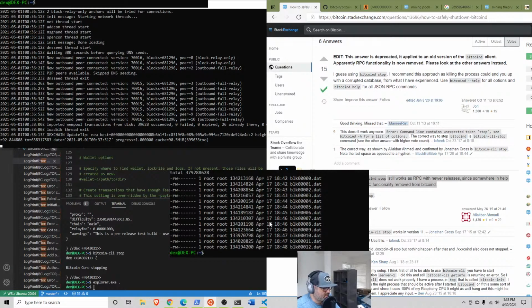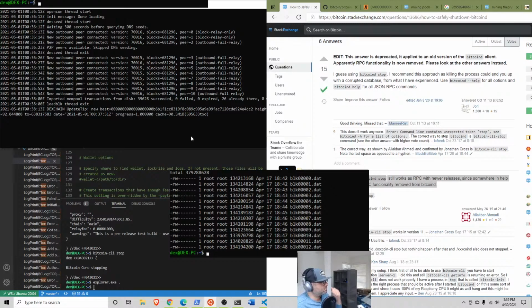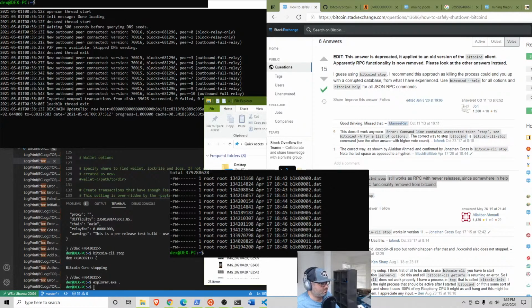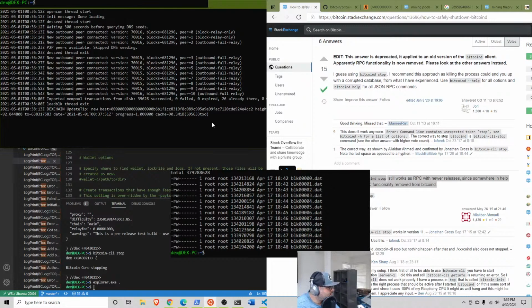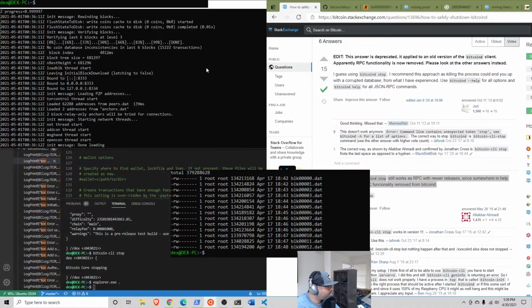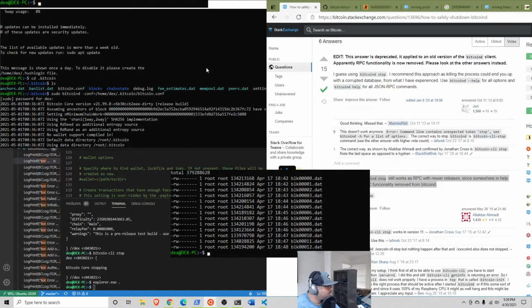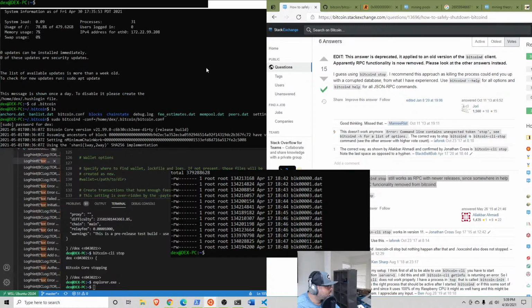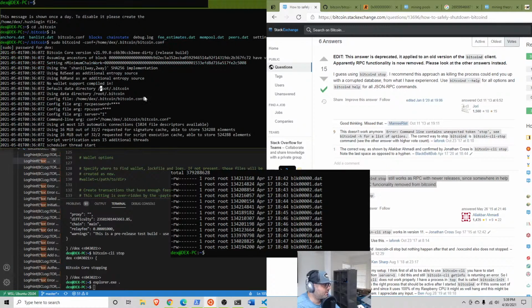So all that data is in there? Config file, default data directory, no auth.